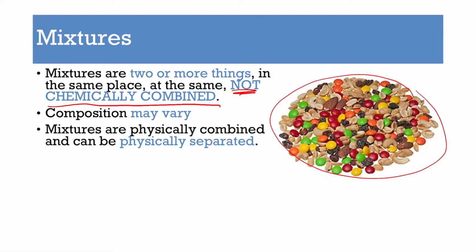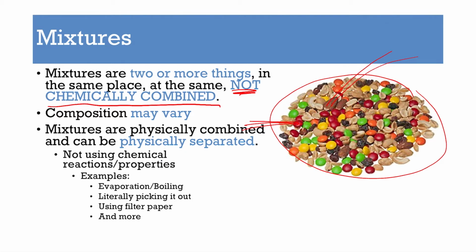Mixtures are physically combined and can be physically separated. So if we wanted to, we could pick out all of the M&Ms, pick out all of the almonds, and separate it into its different pieces. And again, later on, we'll talk about the different ways you can separate a mixture. So again, you can separate them physically by not using chemical reactions and properties, just pretty standard techniques, which we will get into later.